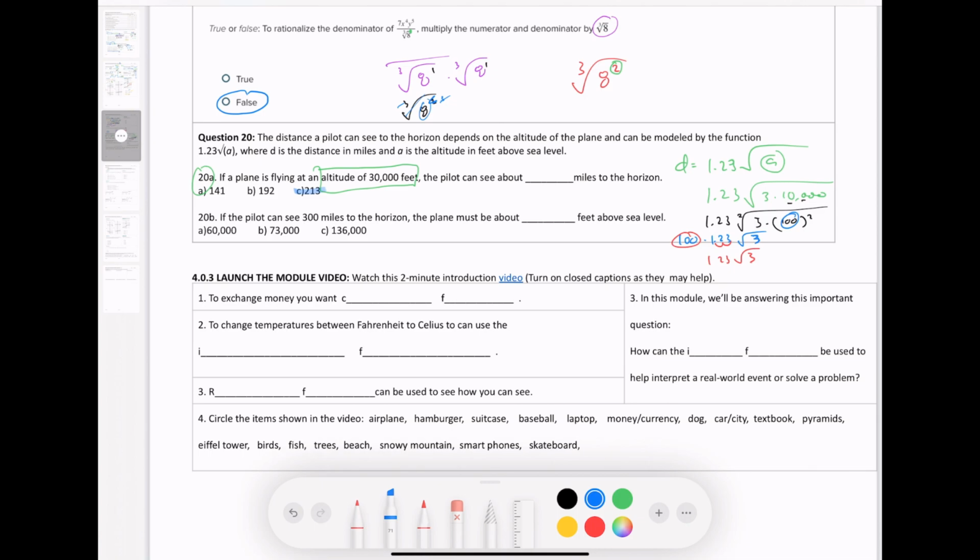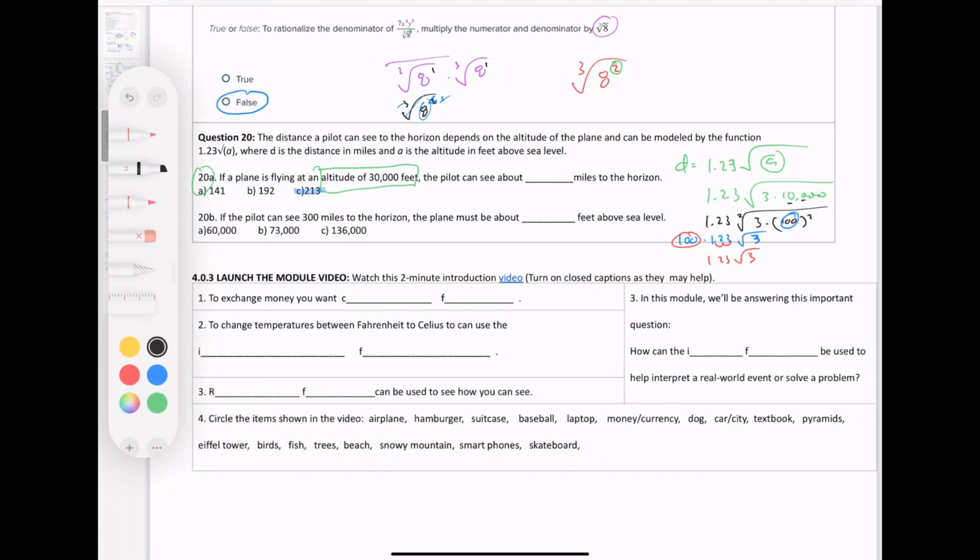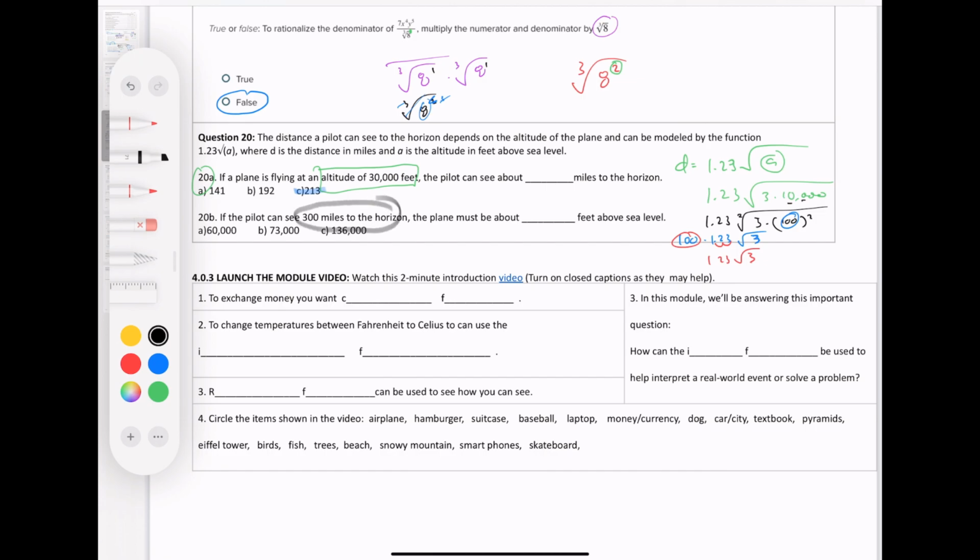All right, if the pilot can see 300 miles to the horizon, so that would be the D. So 100 equals 1.23 times square root of A. I'm going to get, nope, can't do that. I'm going to divide, because there's multiplication there.